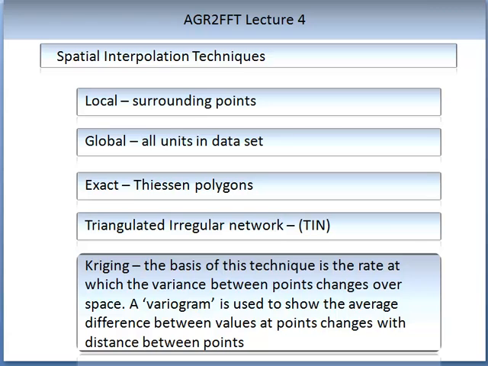So let us have a look at some of the spatial interpolation techniques that can be used. There is the local technique. This is based on a mathematical function that is applied to surrounding points, and it is based on some local sample point information. Within ArcGIS, which is a commonly used software, there is inverse distance weighted, or IDW, which is a local technique.